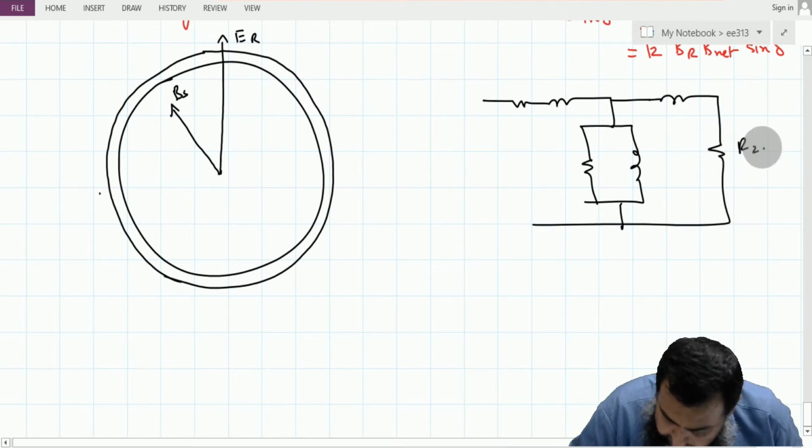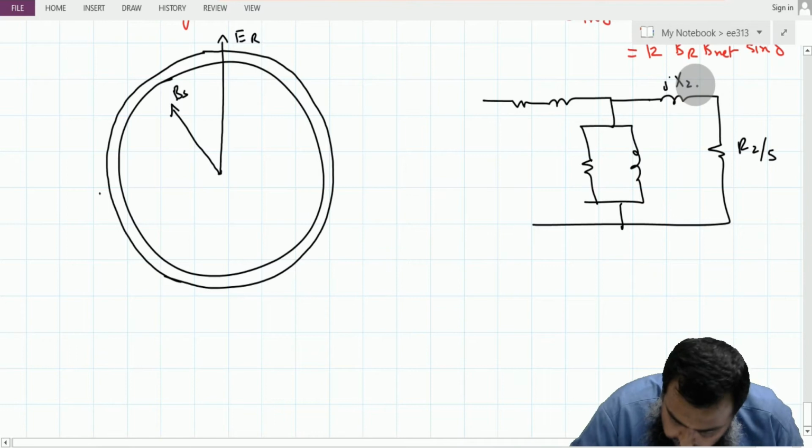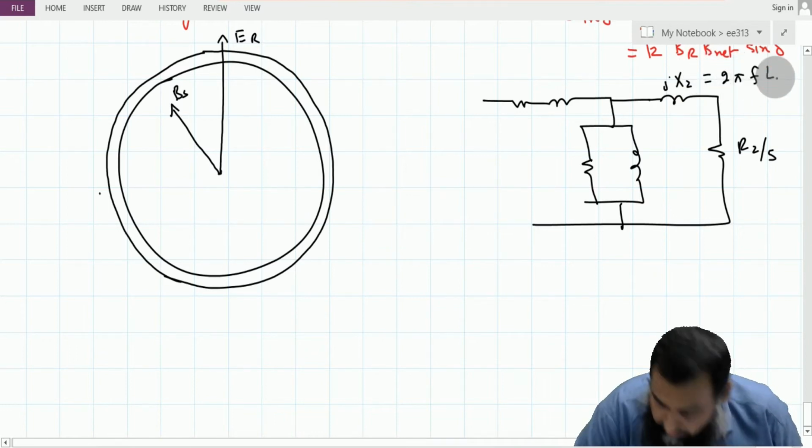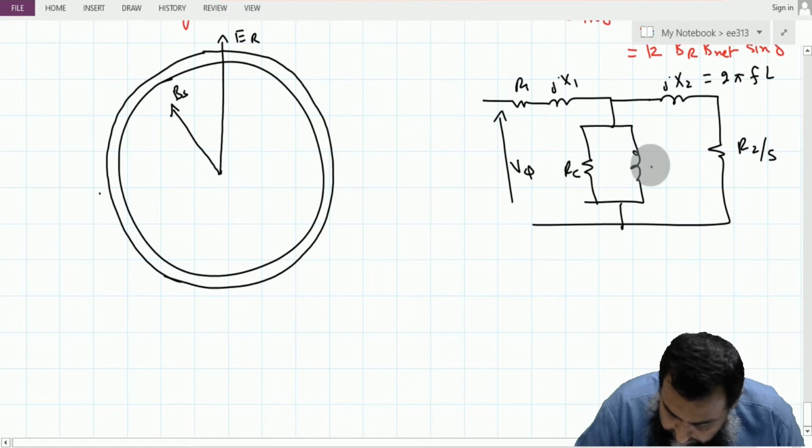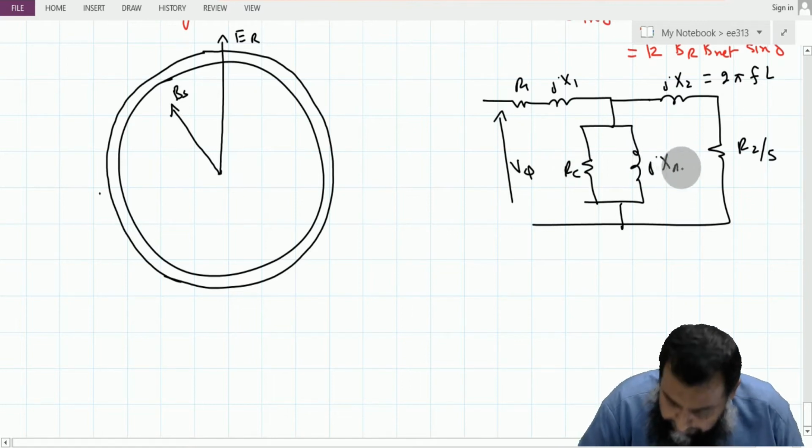This is R2 over S, this is JX2, which is equal to 2 pi F into L. This is JX1, this is R1, this is V phi, this is RC, this is JXM.